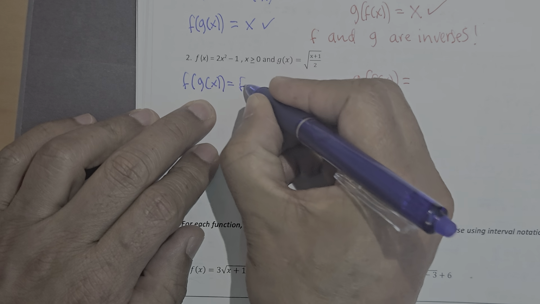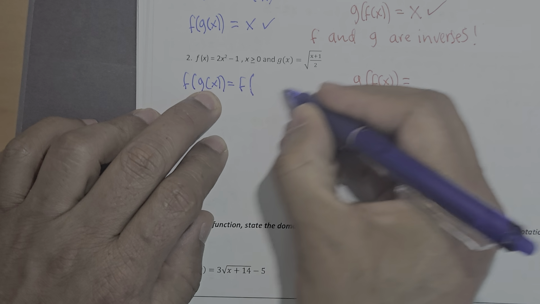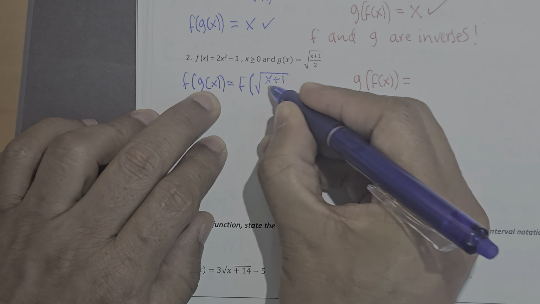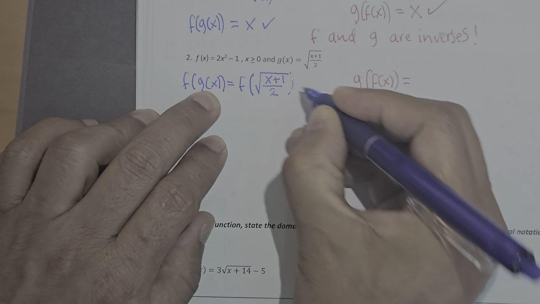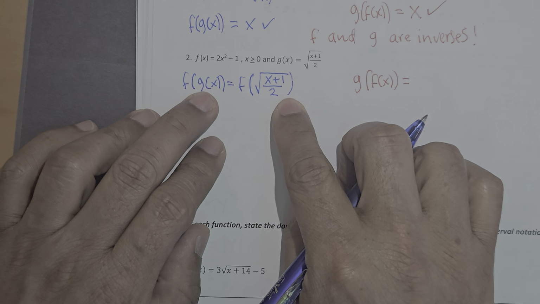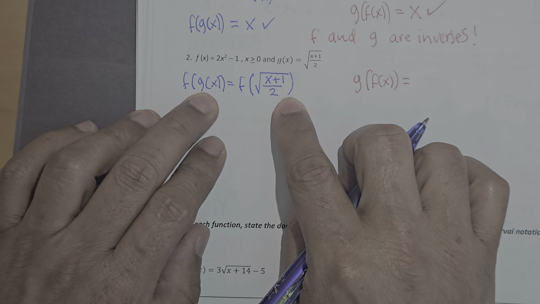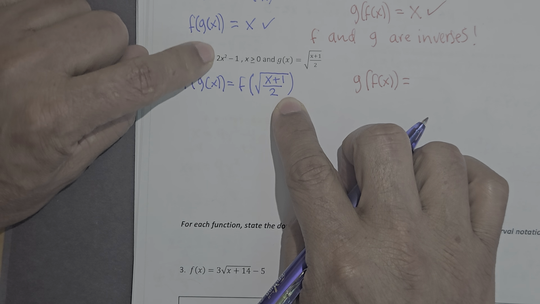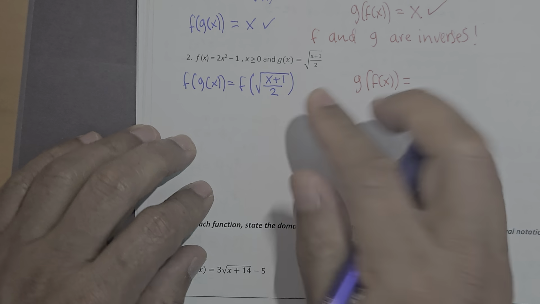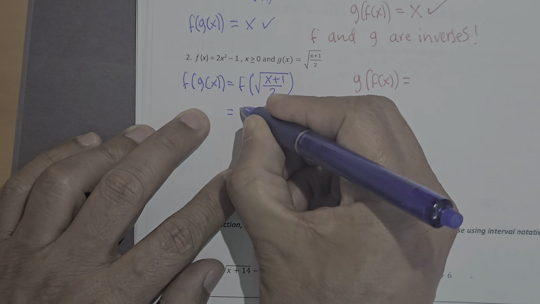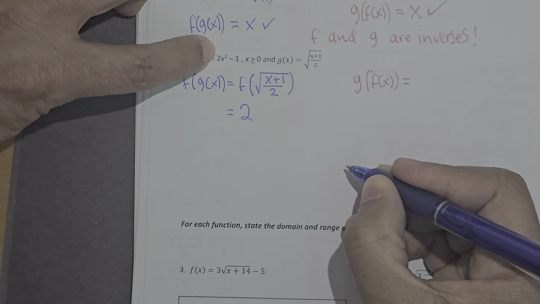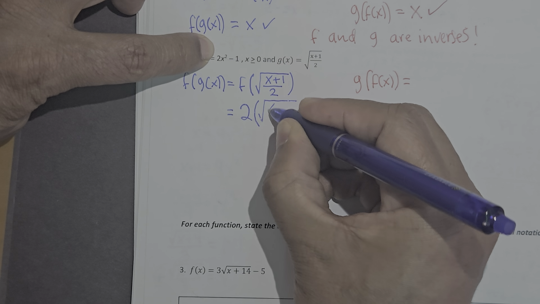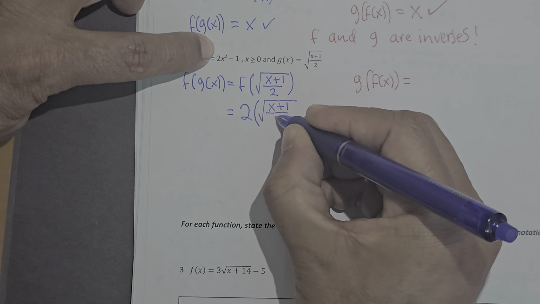So keep the function f outside. Inside, g of x, which is the square root of x plus 1 over 2. From here, I'm going to look at what the function f is going to do to this. First it's going to multiply by 2, and then it's going to take the square and then subtract 1. So there is that 2 from here, and then open parentheses. This is the square root of x plus 1 over 2.